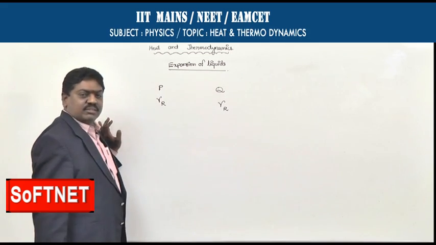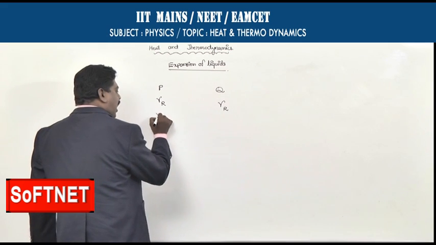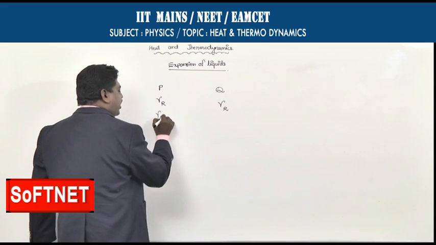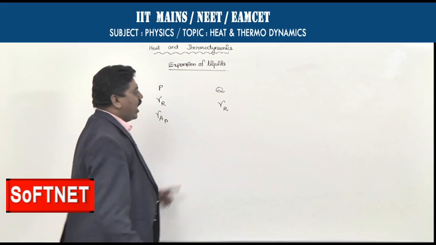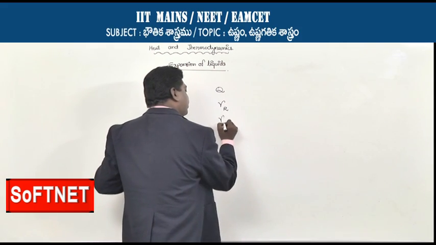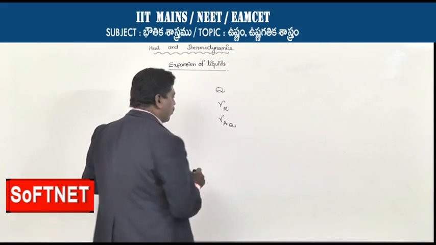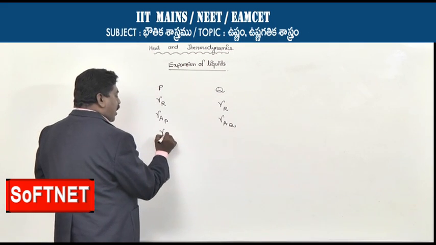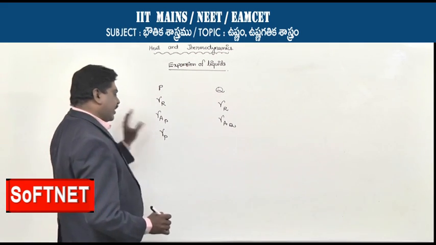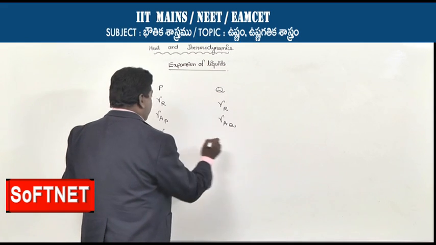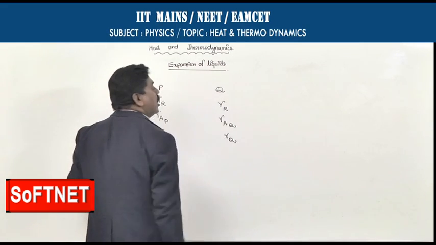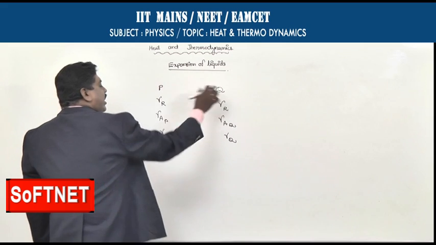Gamma R remains the same. Whereas, apparent expansion in the first container is gamma AP and apparent expansion in the second container is gamma AQ. And gamma P is the coefficient of container expansion. Gamma Q is the coefficient of second container expansion.